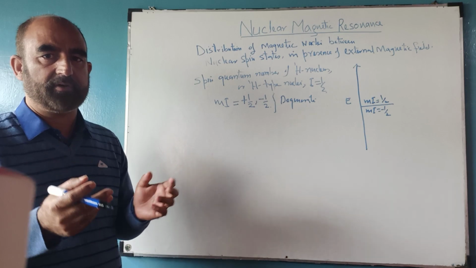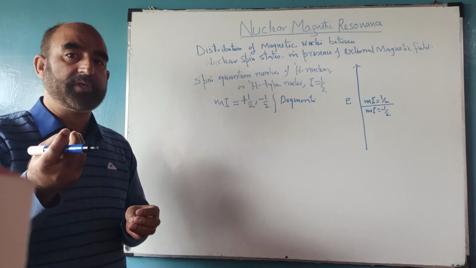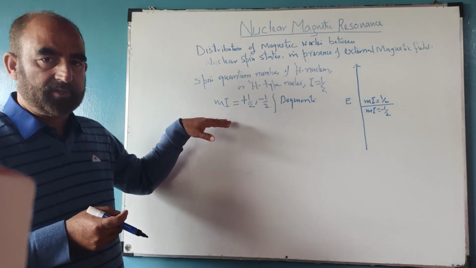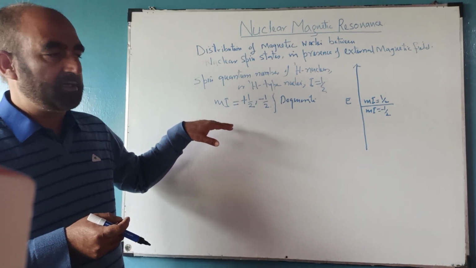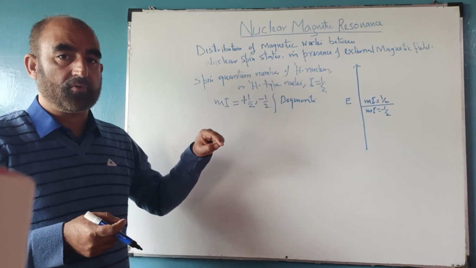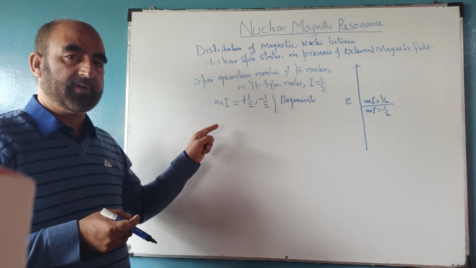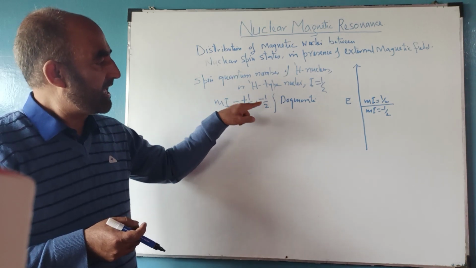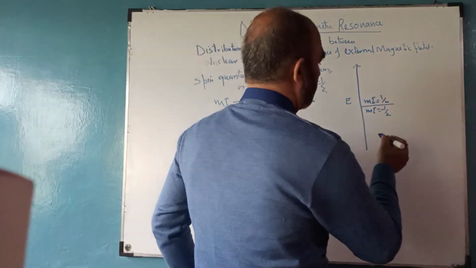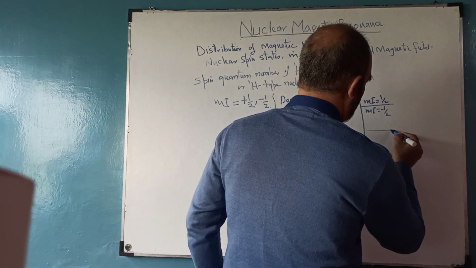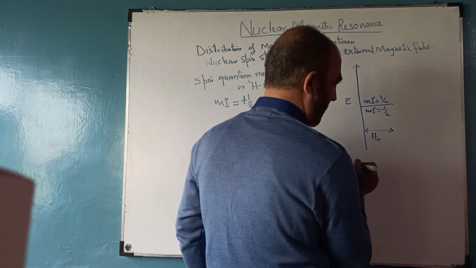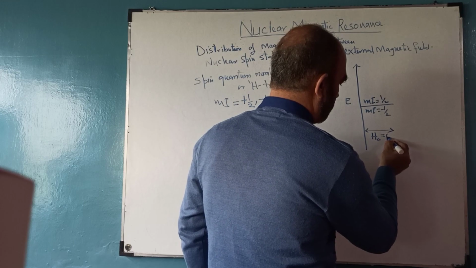So for example, if the sample has 2 million protons, 1 million protons will have a spin state corresponding to Mi value plus 1 by 2, and 1 million protons will have a spin state corresponding to Mi value minus 1 by 2. This was where there was no field, we can put it here as H naught, the external magnetic field, is equal to 0.